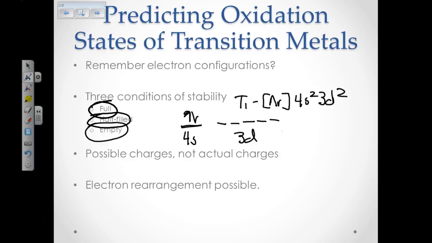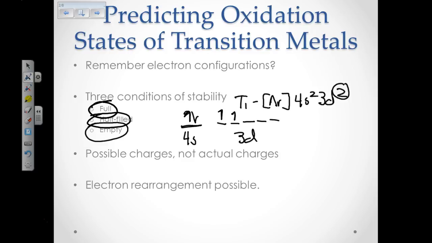There's 5 D orbitals, so we draw 5 lines representing each of those orbitals. And because there's 2 electrons, we draw 2 arrows pointing up. This is not a lesson in electron configurations, but we can use this to predict what ions of titanium will be stable.